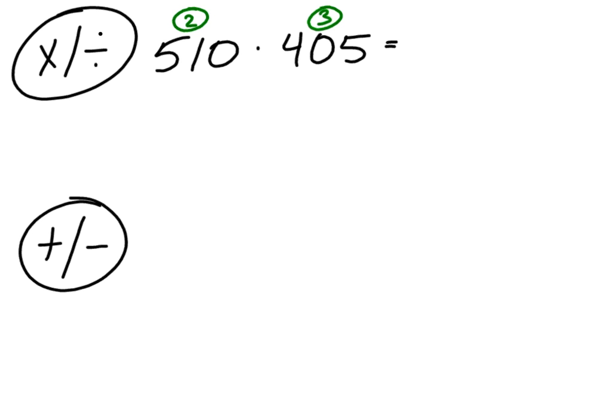Looking at this, let's go ahead and multiply that. I end up with a whopper of a number, 206,550. Very big number. If I count the number of sig figs here, hopefully you would give me 5, because that trailing zero is not significant since there's no decimal in the number, but that captive zero is, and they always are.